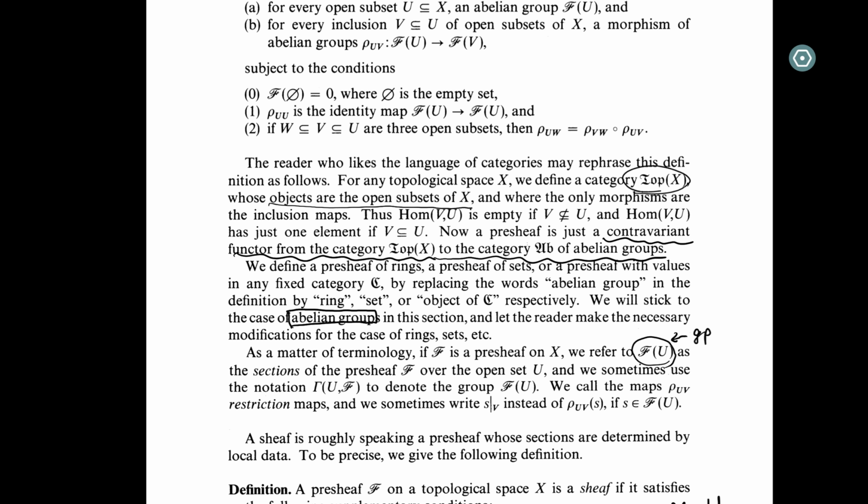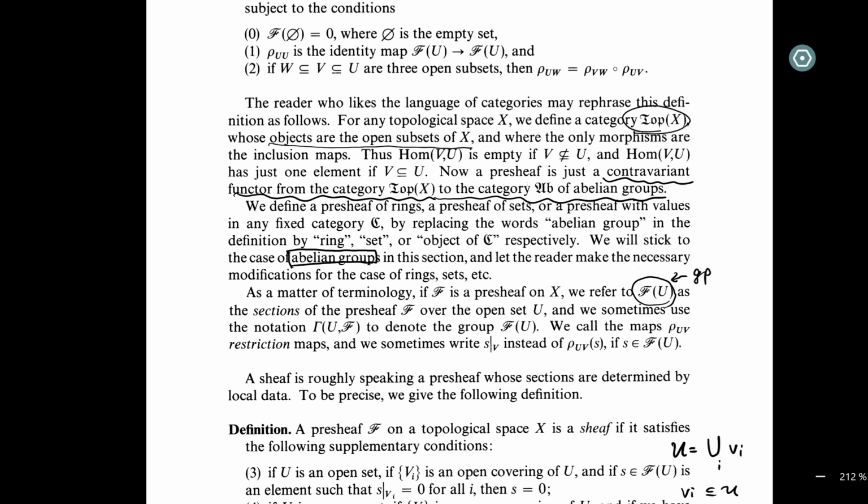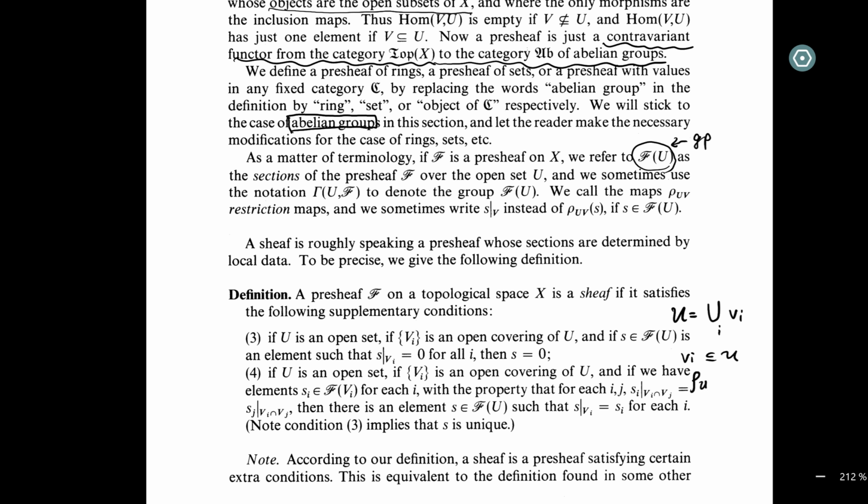If V is contained in U, we write rho_UV. So we have rho_UV_i from F(U) to F(V_i). It says that if this morphism maps some element s of this group to 0 on each sub-open V_i, for any i, then s must be 0 itself.